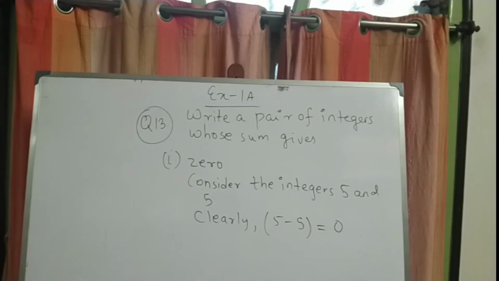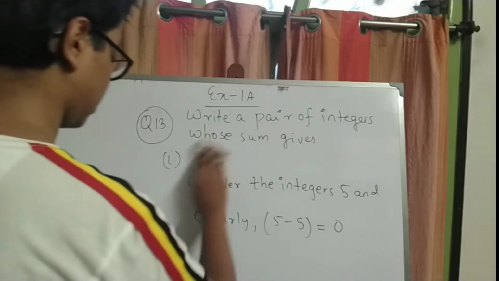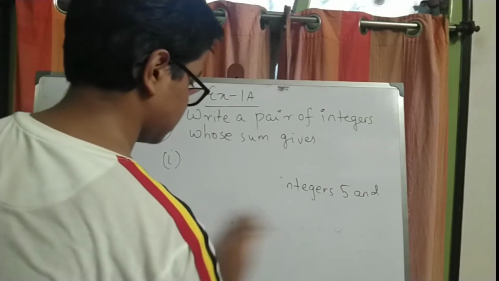If I take integers 5 and 5, if I subtract it, I will get the result as 0. So this is done. First subpart is done. Now second subpart.